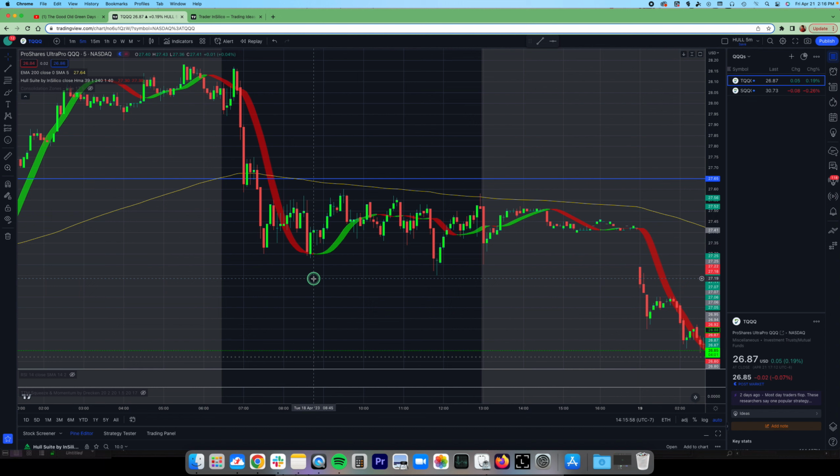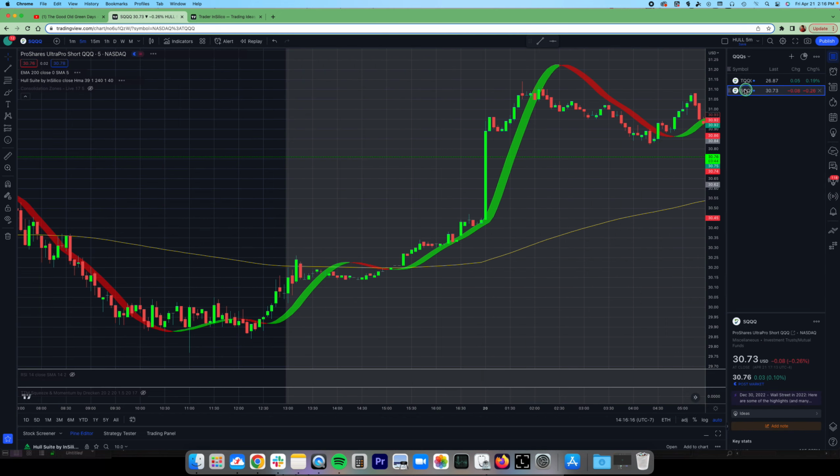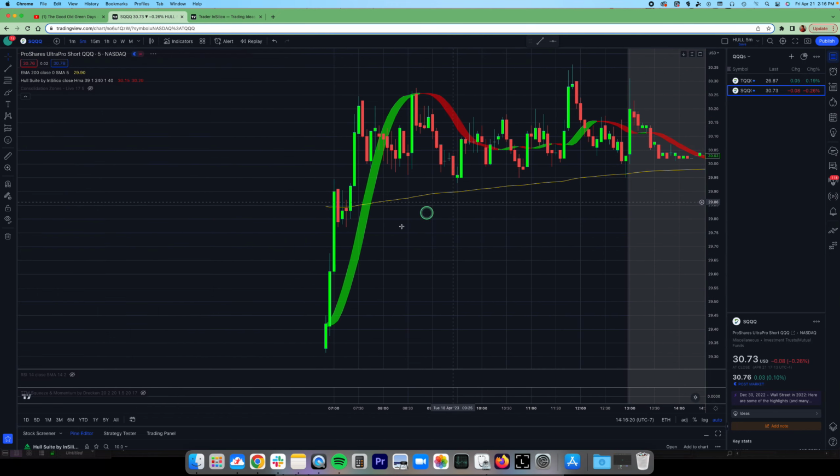I always usually wanted to trade because it's like a rush and it's kind of fun, but after enough losses and backtesting enough times, you see that it's really not worth it. But on this day, this is the 18th, SQQQ, on the market open.